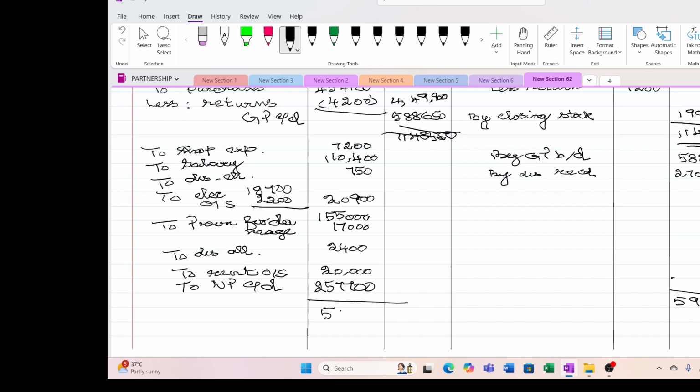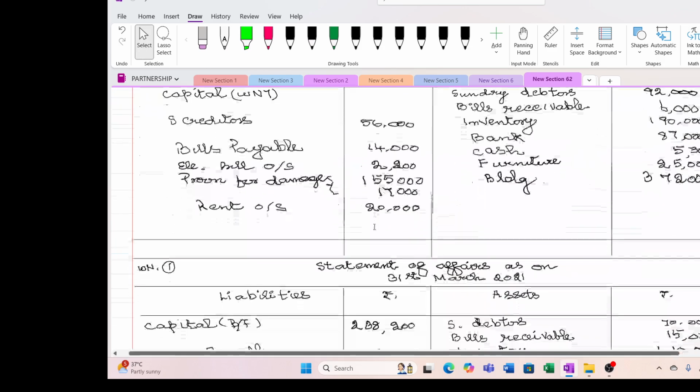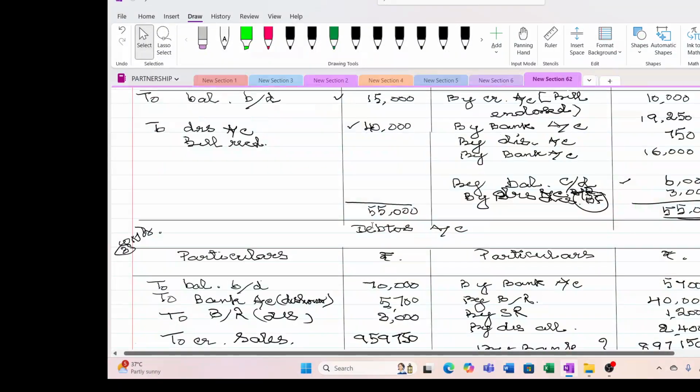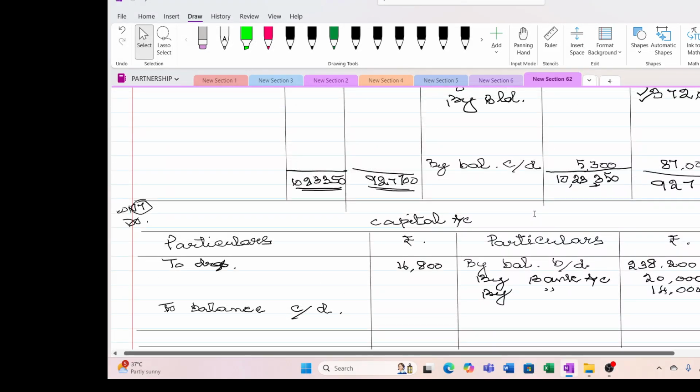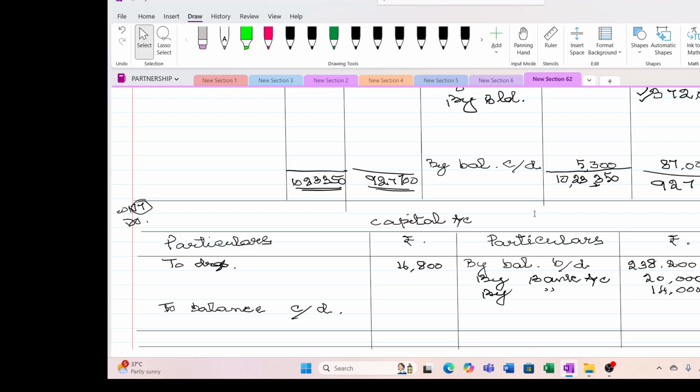You can put this in the next column. Now 257,700 will go to your capital account. Your capital account is NP 257,700.